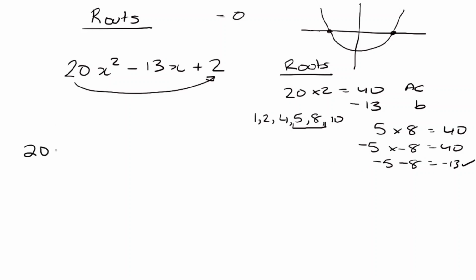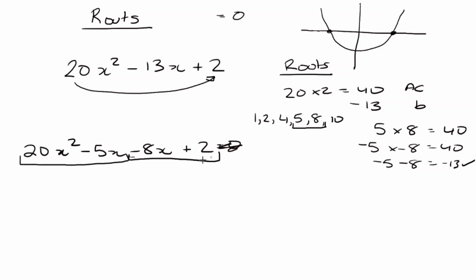So we get 20x squared minus 5x, minus 8x plus 2, which equals 0. And then what we do is we group them. So we're going to group this and we're going to group that. We now have 5x as the common factor, so that will go into 4x minus 1.